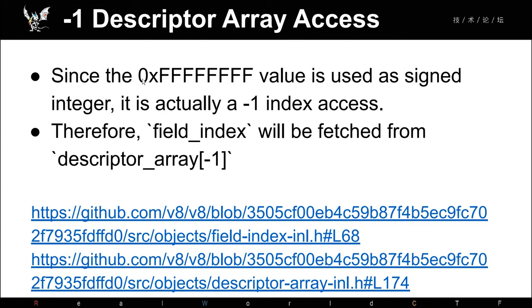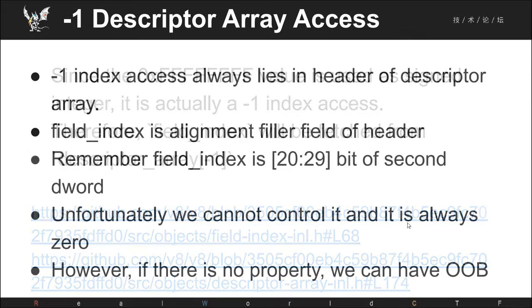And since this value is used as a signed integer, it is actually a -1 index access. Therefore, the overall effect is that the field index will be fetched from the descriptor array with a -1 index access. And here is some source code about the content that I have just covered. You can look at it if you are interested.